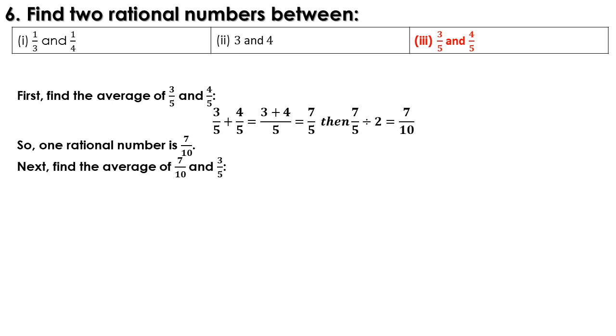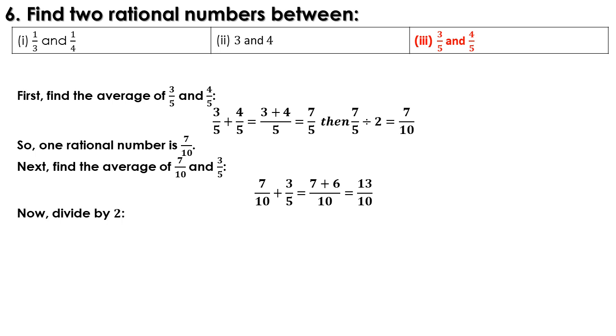Now, let's find the average of 7 divided by 10 and 3 divided by 5. To add these fractions, we need a common denominator. 3 divided by 5 becomes 6 divided by 10. So, now we add 7 divided by 10 plus 6 divided by 10 equals (7 plus 6) divided by 10 equals 13 divided by 10.